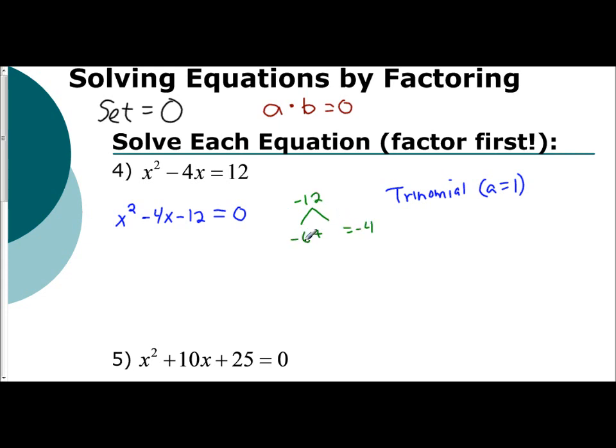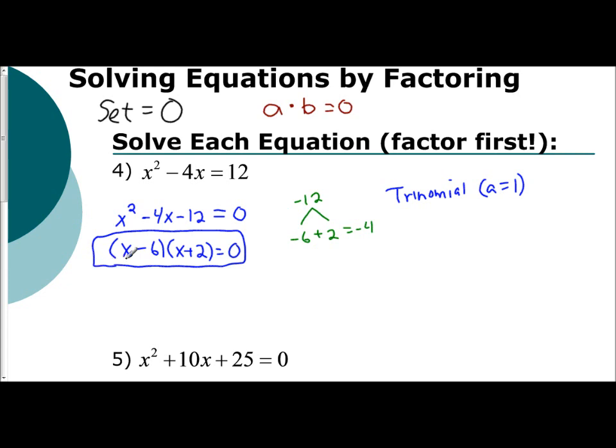So that would be negative 6 and positive 2. And so you set up your factors: x minus 6, x plus 2 equals 0. And now we have it in factored form.